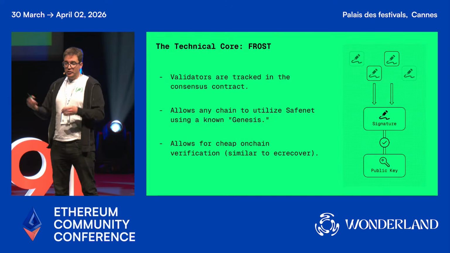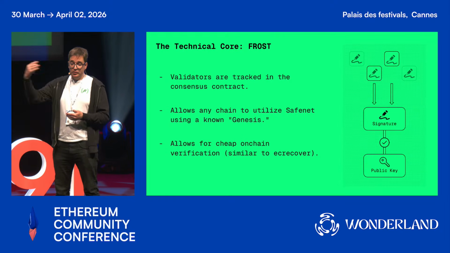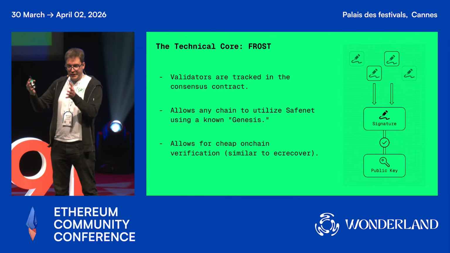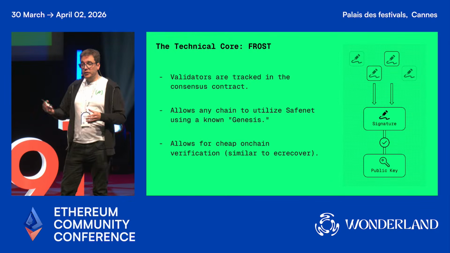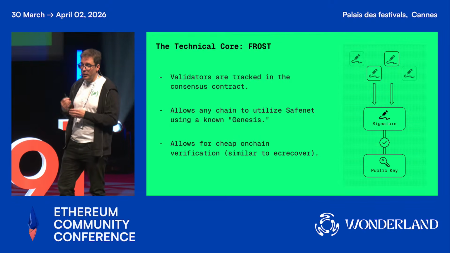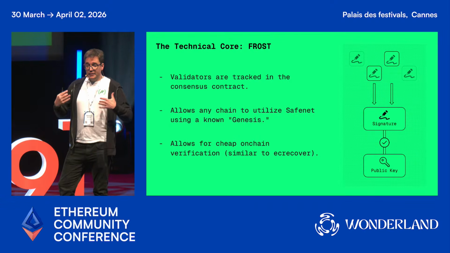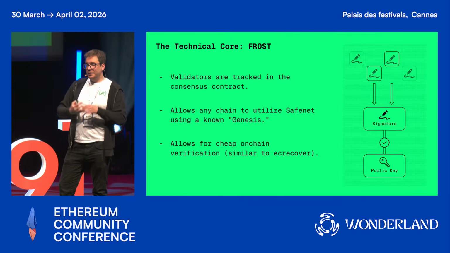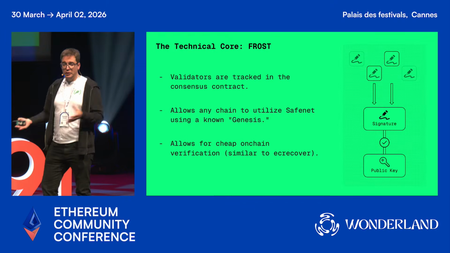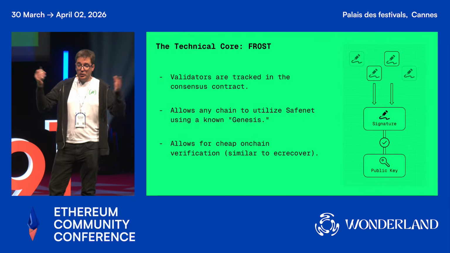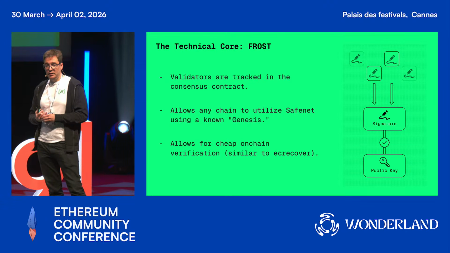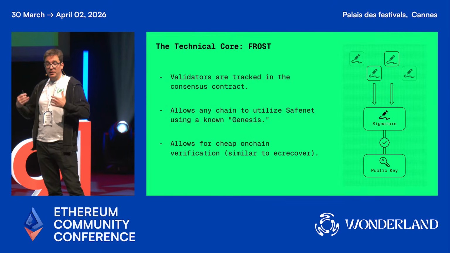We track this on-chain, and together they generate the attestations. The attestations are FROST signatures, and you can use them on-chain to check them in a guard or in a hook, however you want. This cryptographic property makes it very nice, because you can just take the signature and utilize it on any other chain as long as you know the public key of your validator set. And this makes it very scalable.